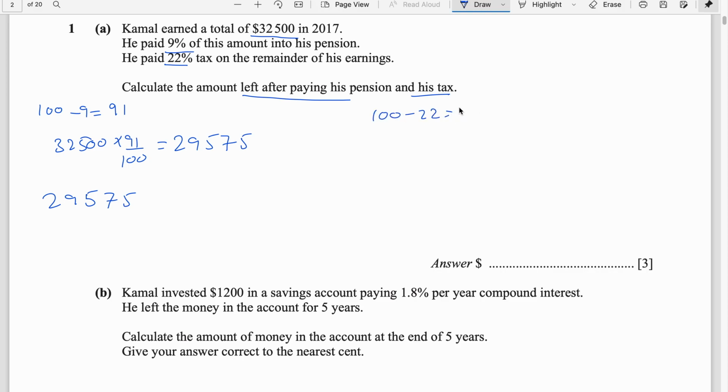So when he paid 22%, he is left with 78% of the amount, which equals 23,068.5. So 23,068.5 dollars.